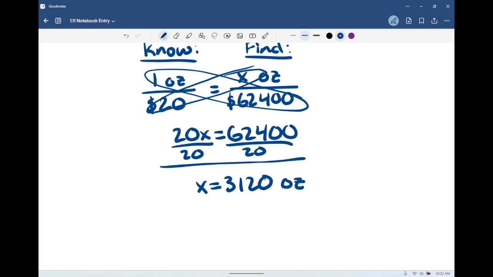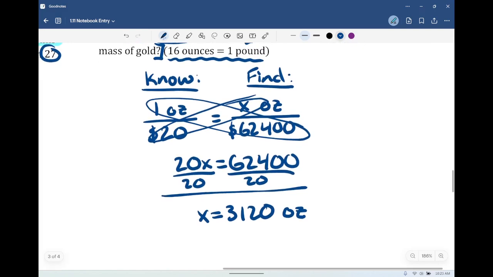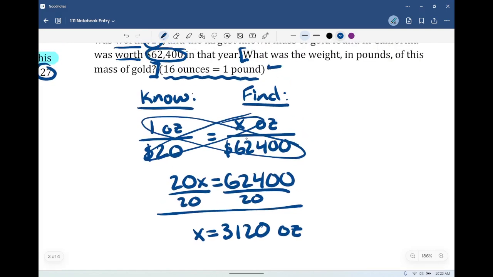Okay. I now know the weight of that large chunk in ounces. Make sure I have eyes. The question now is, well, how am I going to get this to pounds? And so they do an awesome thing. They tell us, look, 16 ounces is 1 pound. And so we know the actual unit conversion.